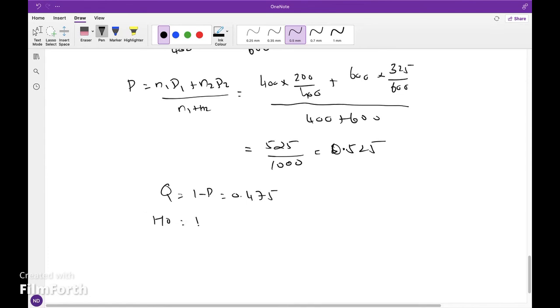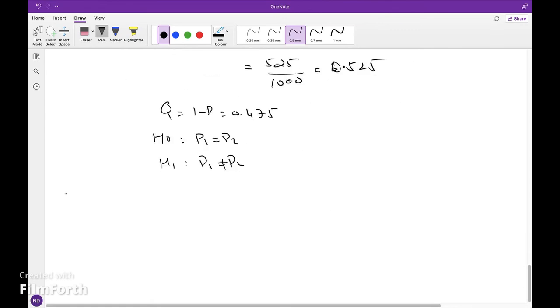Now H naught is P1 equal to P2, with P1 not equal to P2 as the alternative hypothesis. So the test statistic is Z equal to P1 minus P2 divided by square root of PQ into 1 by N1 plus 1 by N2.